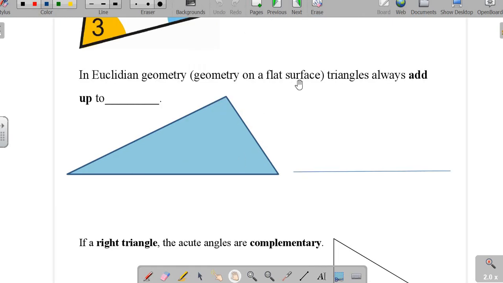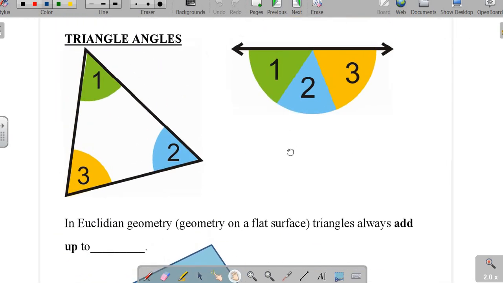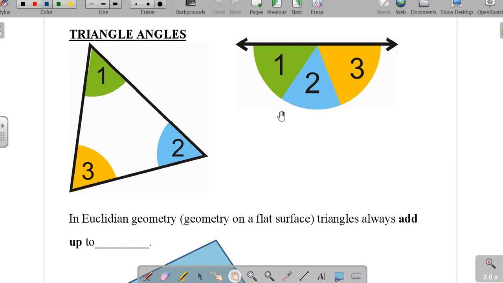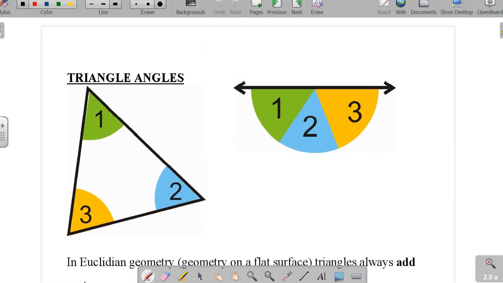Now, besides knowing the fact that triangles have 7 different types, this is very important. Keep in mind we are studying triangles on what's called a flat surface. This is called Euclidean geometry.